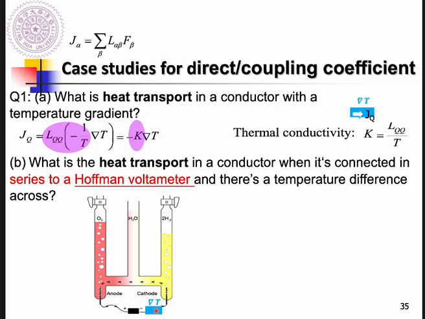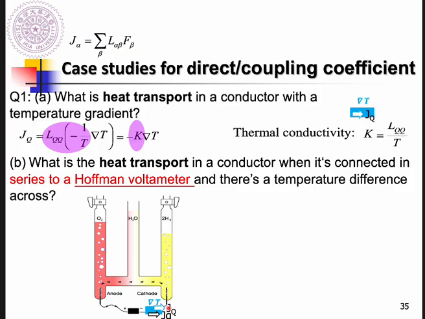So the same current will be passing through this interesting conductor. How many driving forces act on your conductor? For sure a temperature gradient. The other would probably be the electrical potential gradient. The temperature gradient will lead to the heat flux, and the electrical potential gradient will lead to the current passing through.